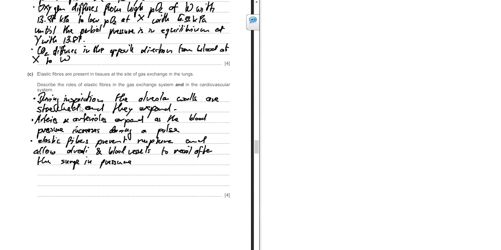We can actually maybe specify how these two things help the alveoli and the arteries. So for the alveoli, the recoil forces out the air.